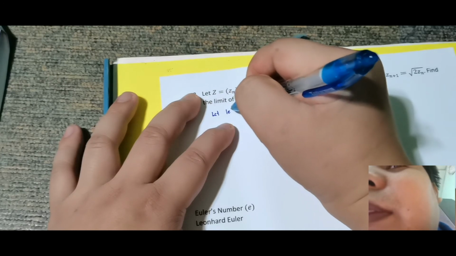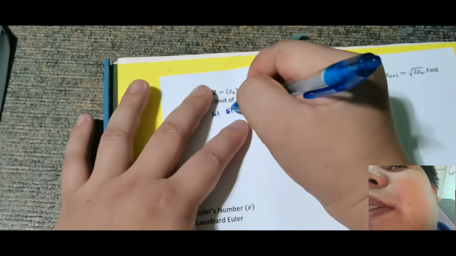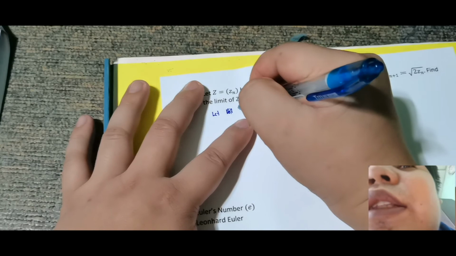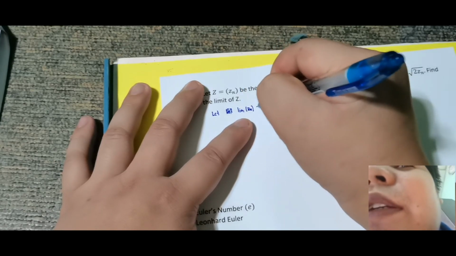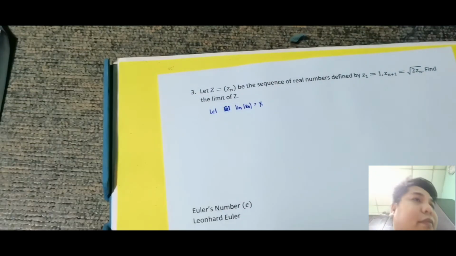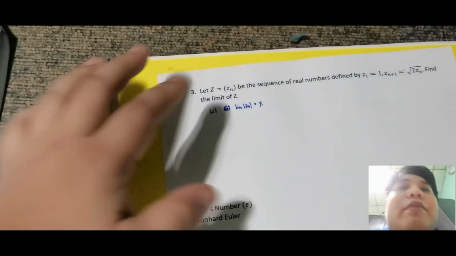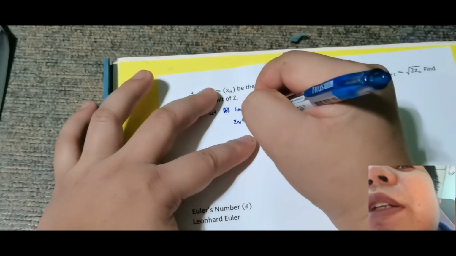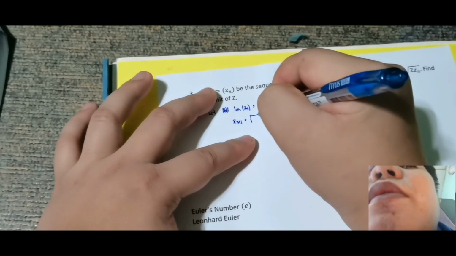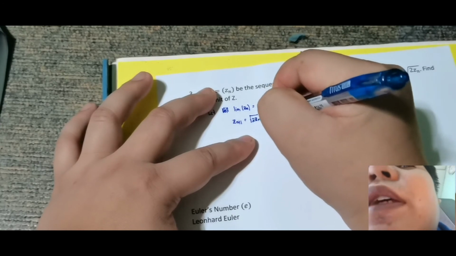Again, let limit ng C sub n is equal to x na lang. Okay, so we have C sub n plus 1 is equal to square root ng 2C sub n.